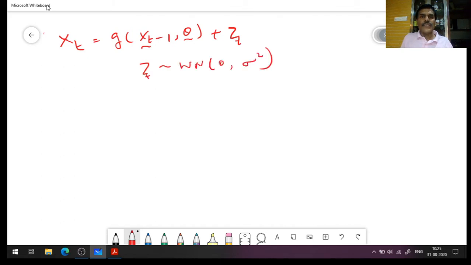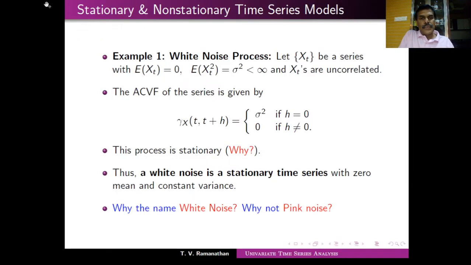The meaning of this is uncorrelated. So zt is a weakly stationary series, because its mean is 0, variance is constant, and the covariance is a function of the time difference. So this is what white noise is.